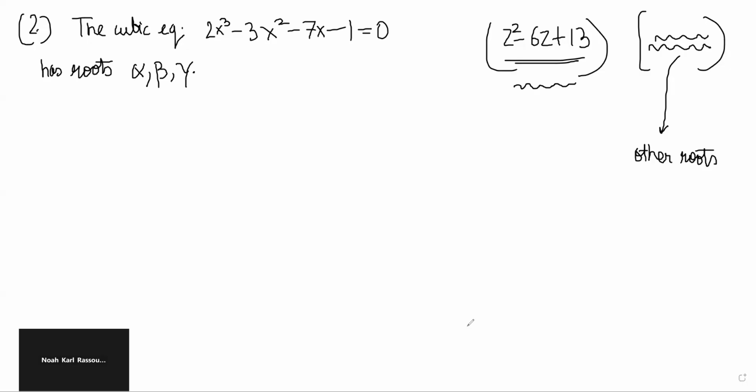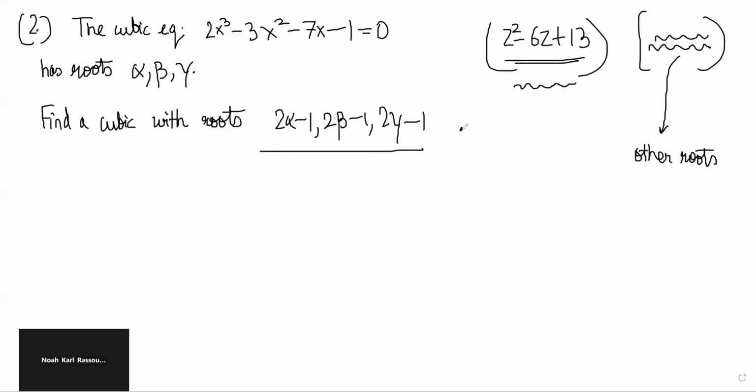Now, without finding the roots, without solving the equation, we have to find a cubic with roots 2 alpha minus 1, 2 beta minus 1, 2 gamma minus 1. You are not allowed to find the roots. You don't have to solve the equation, but you have to find a new equation.